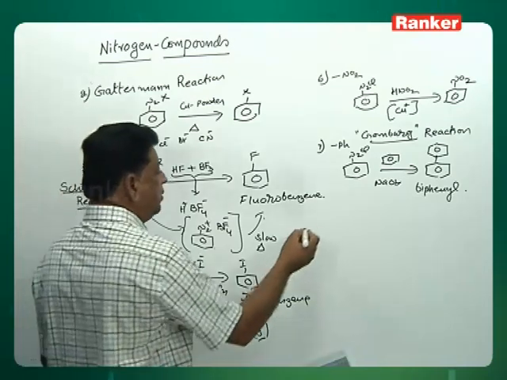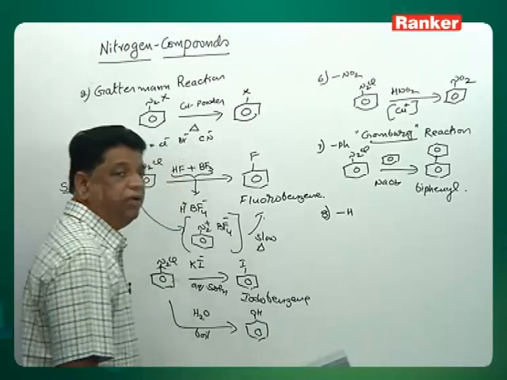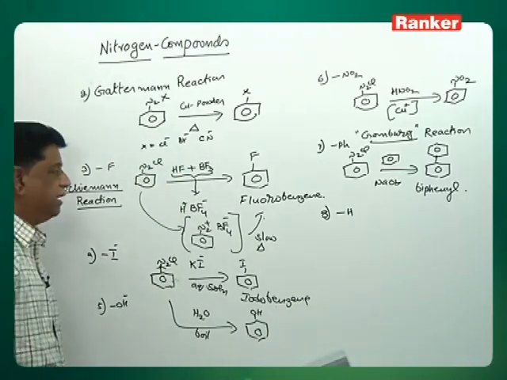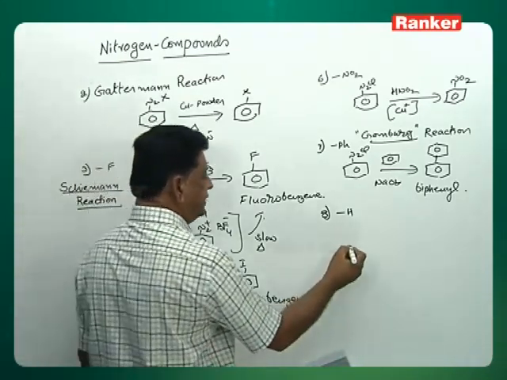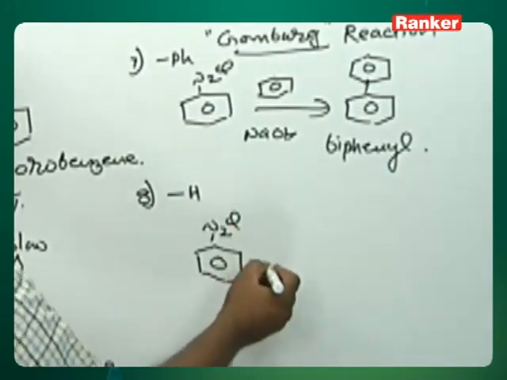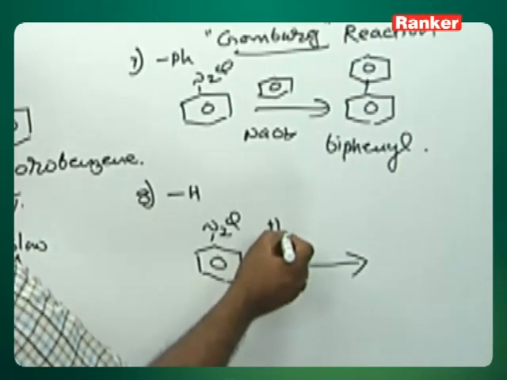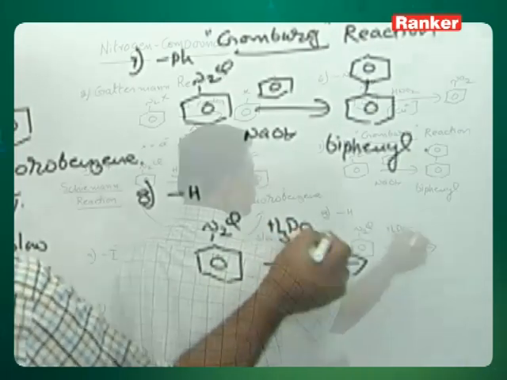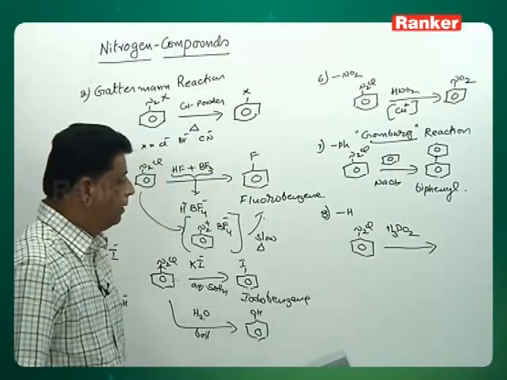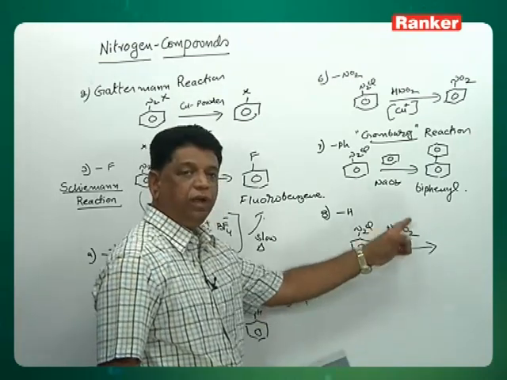Lastly, finally, the entering group is hydrogen, but still we have wonderful synthetic applications. See how it is. You take diazonium chloride and heat it with H3PO2. Now tell me, what is the oxidation state of P in this molecule?